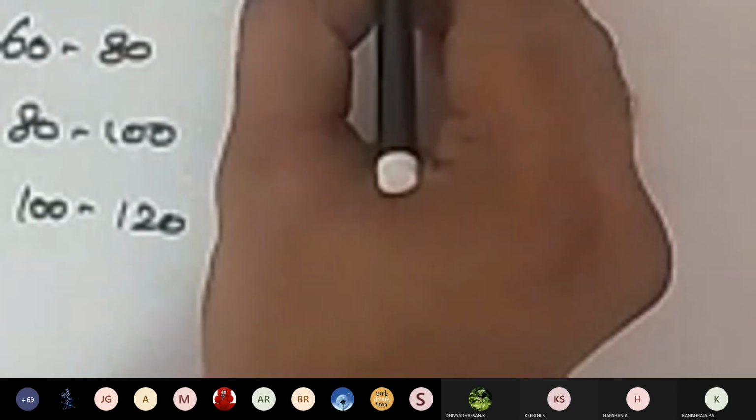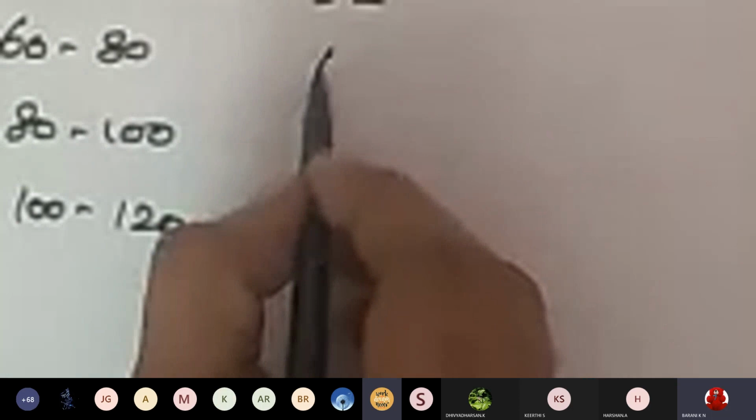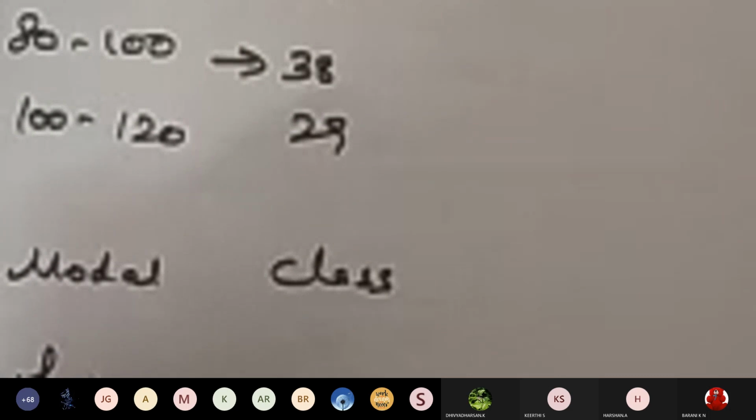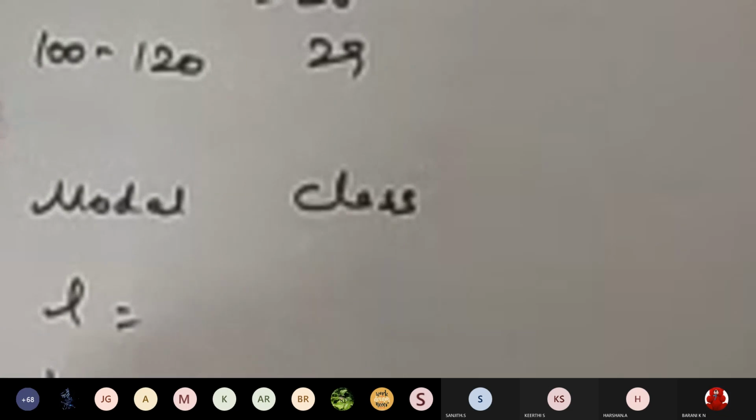What about frequency? 10, 10, 35, 52, 61, 38, 29. So what values do I need? Mode, L, H, F1, F0, F2.